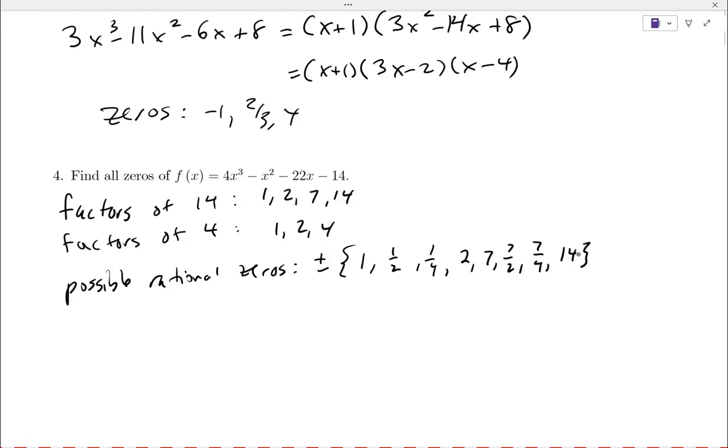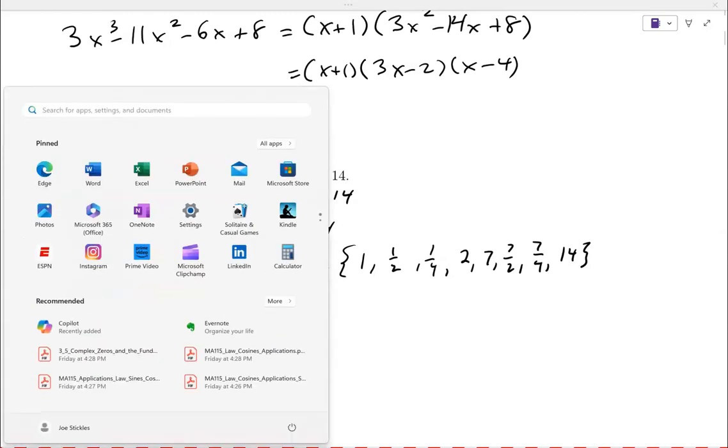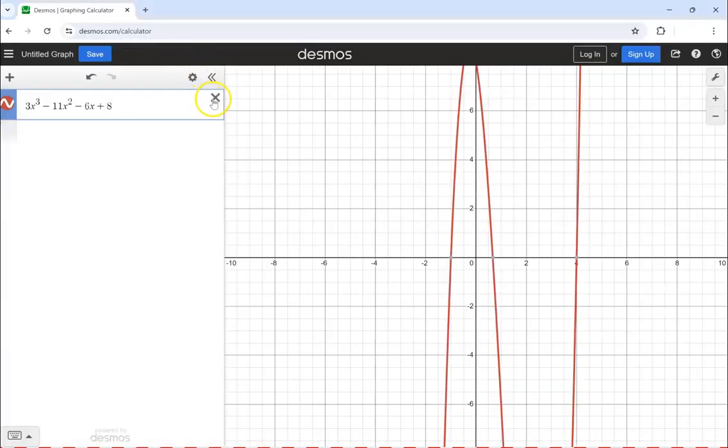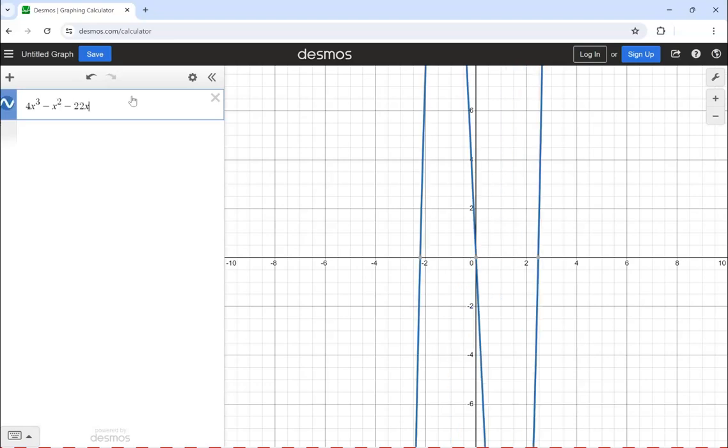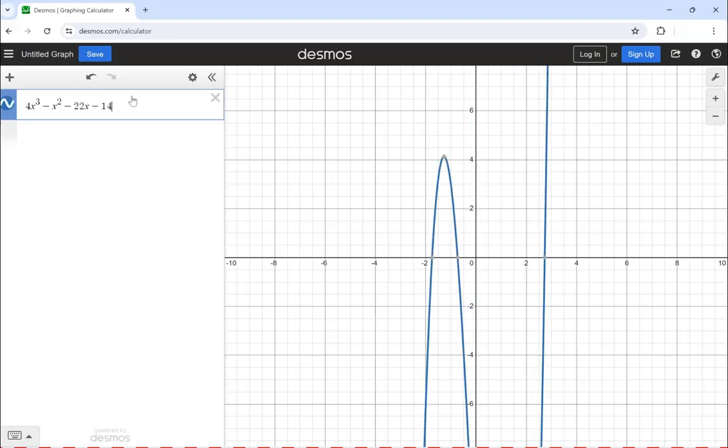So let's use a graph again. Go back over to Desmos here, maybe. Let's click that one out. 4x cubed minus x squared minus 22x minus 14. Again, I want rational zeros, right?